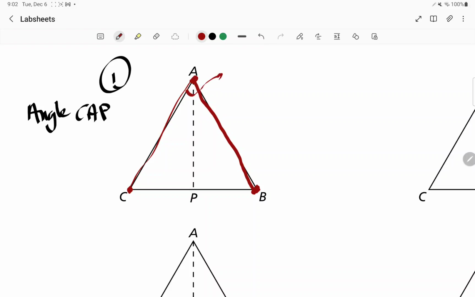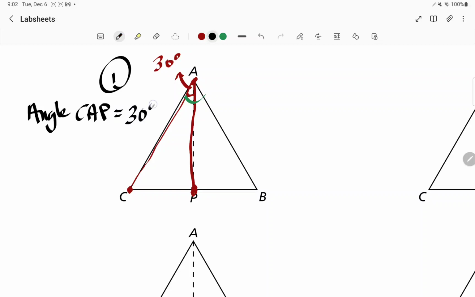Oh, sorry, did it wrong way here. So P is down here, my bad. C to A to P, not B. So it's actually this angle in there. Well, if we know that this angle is 60 and this cuts that in half, that means that this has to be 30 degrees. So you would say angle CAP is equal to 30 degrees.